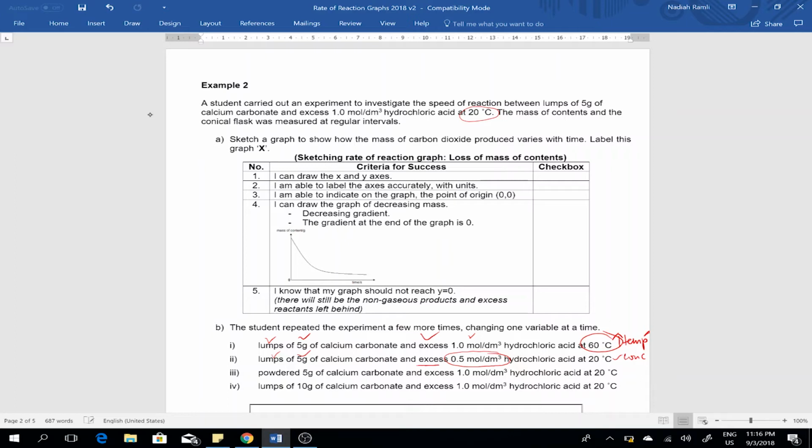It's not. So the limiting reactant here is calcium carbonate. This is important so I know whether or not the product will change. So even if I decrease the concentration of hydrochloric acid, the product will not change because my limiting reactant is calcium carbonate.